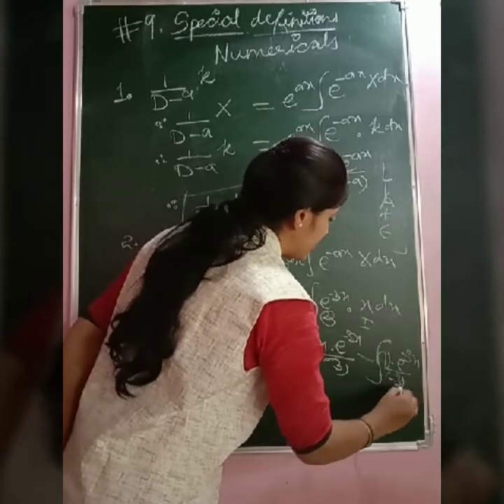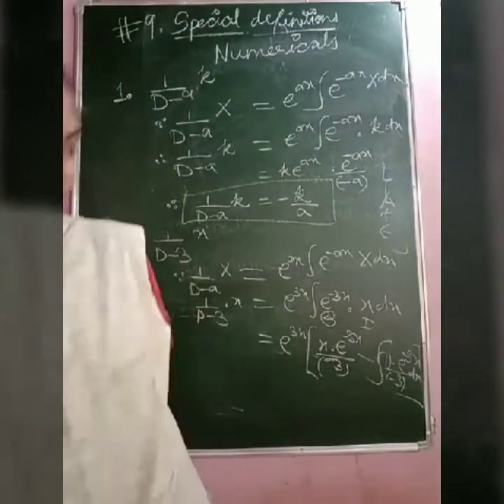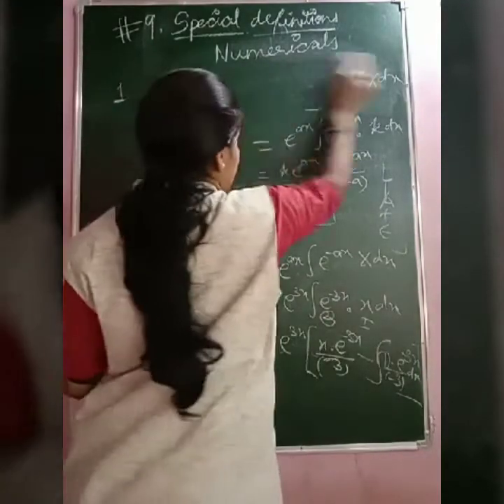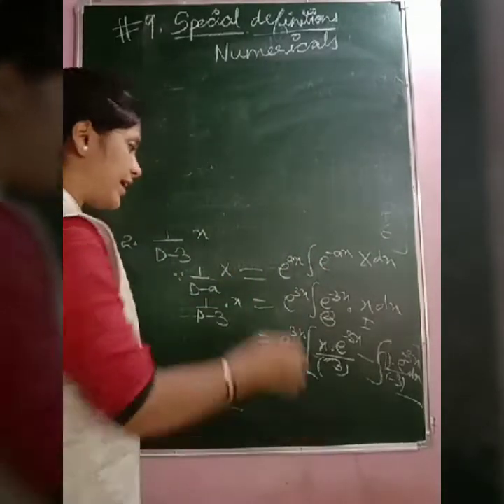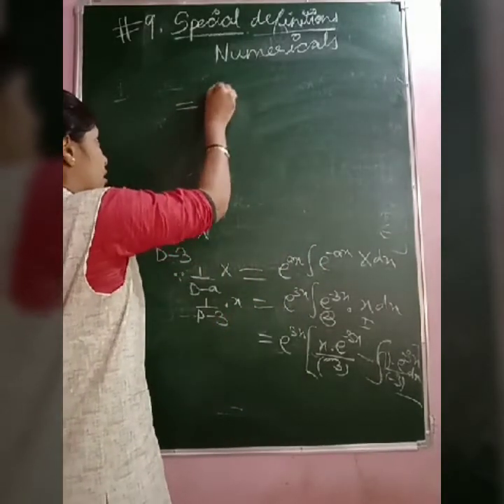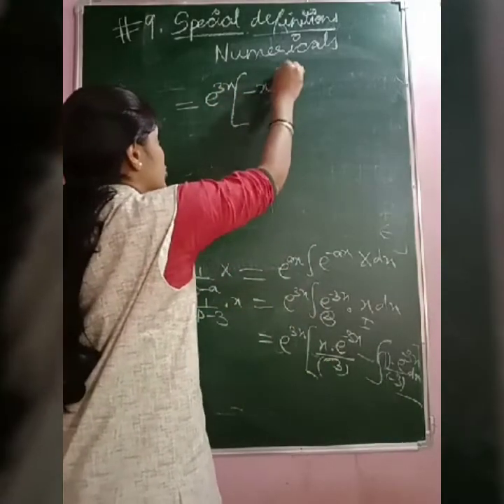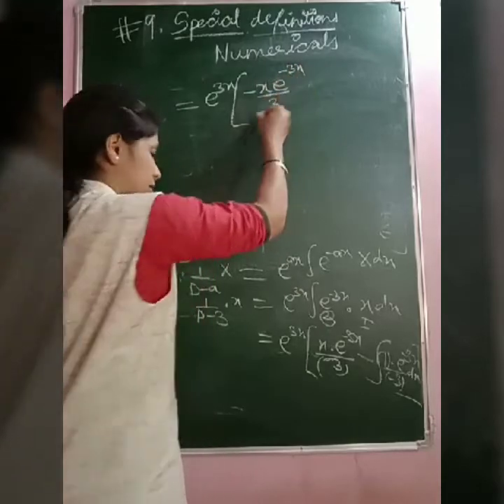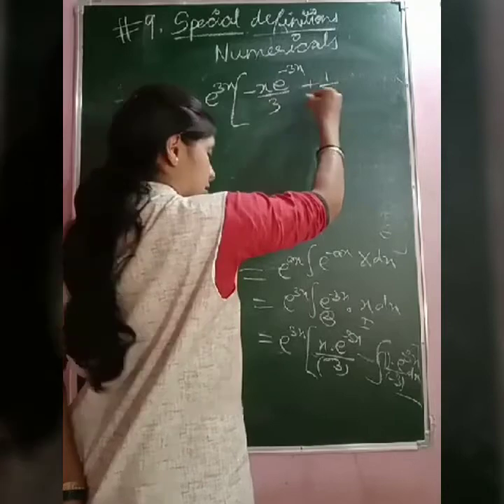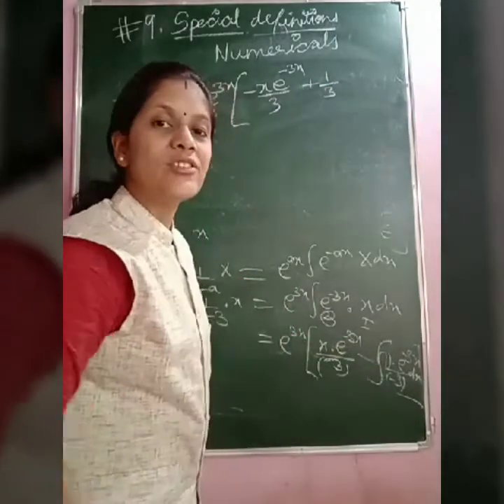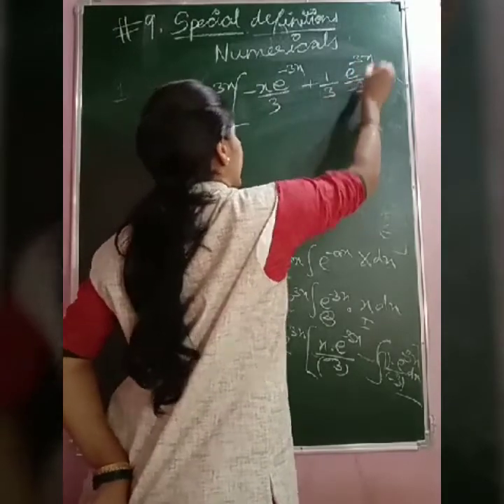Again it is nothing but minus 3. Now let us solve this. So e raised to 3x as it is, and this is minus x e raised to minus 3x by 3, minus minus plus 1 by 3. Again integration of e raised to minus 3x is e raised to minus 3x by minus 3.